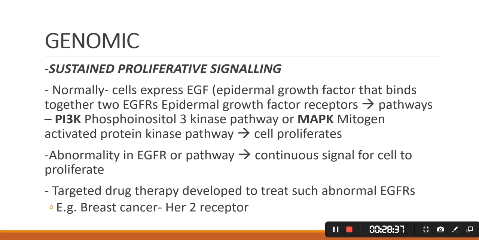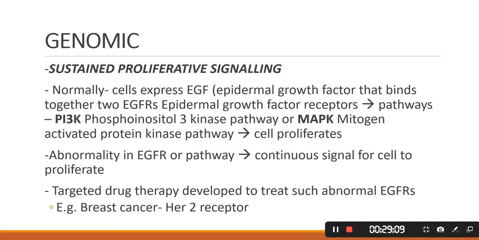The growth factors bind to receptors and they activate cell growth by these two pathways: the PI3K phosphoinositol 3 kinase pathway or the MAPK mitogen activated protein kinase pathway. I'm just telling you the name of the pathway, and as a result of the activation of these pathways the cell proliferates. What I mean is, as a result of this cellular pathway the cell will divide.